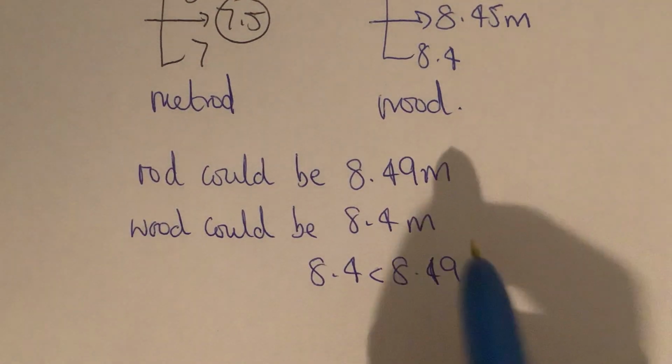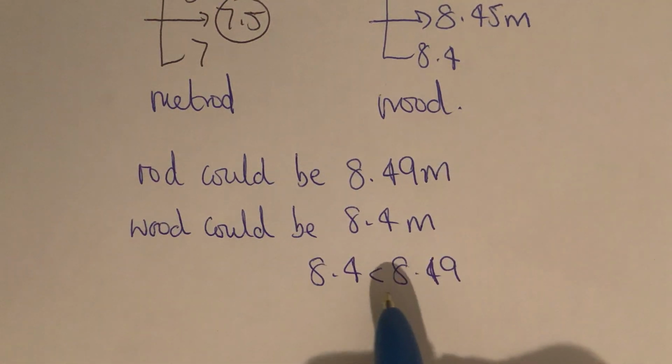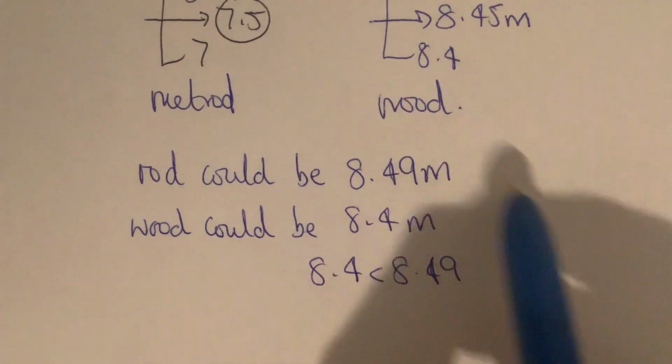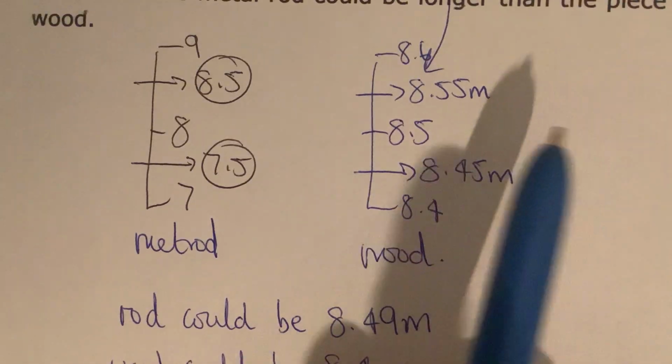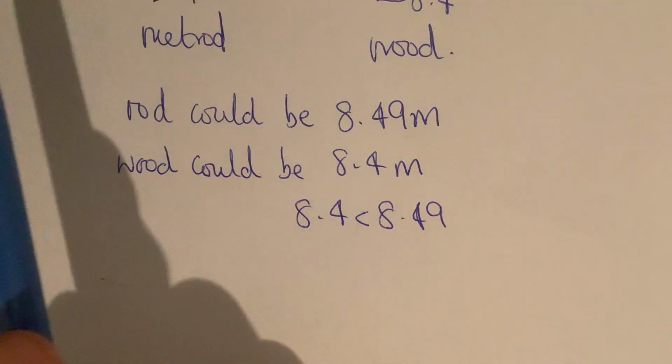So that's an example. You don't have to use that specific example, but something whereby the rod is longer than the piece of wood, and that bottom sentence is what gets you the final mark. So you get some of the marks for getting these and getting your intervals, but the final mark is for showing that example.